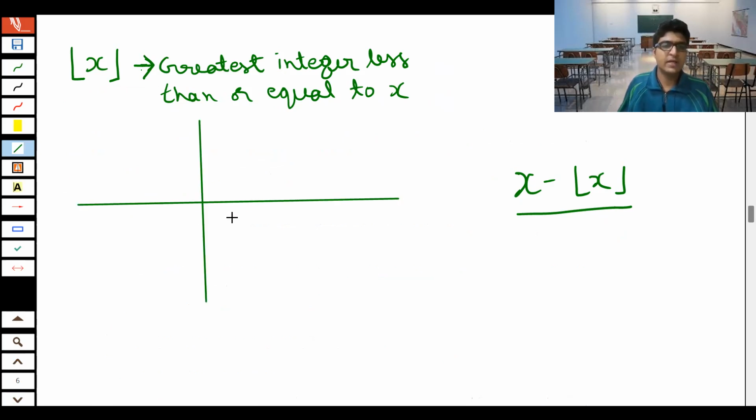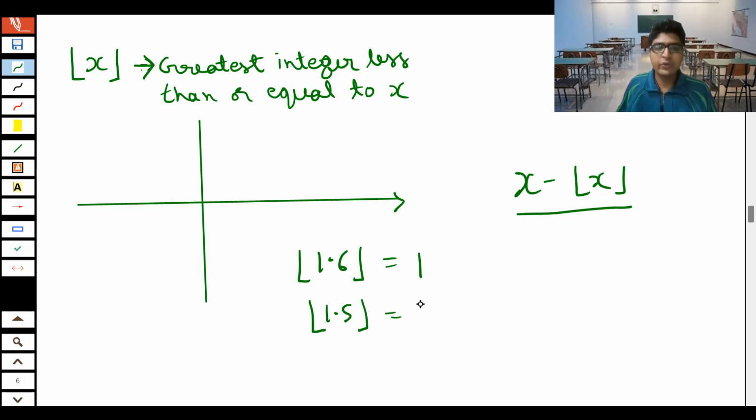So if this is my Cartesian plane, we just saw, what is the greatest integer less than or equal to 1.6? Well, that's 1, right? What is the greatest integer less than or equal to 1.5? Well, that is also equal to 1. What is the greatest integer less than or equal to 1? Well, that's already 1.